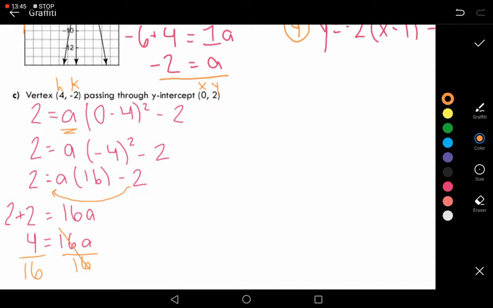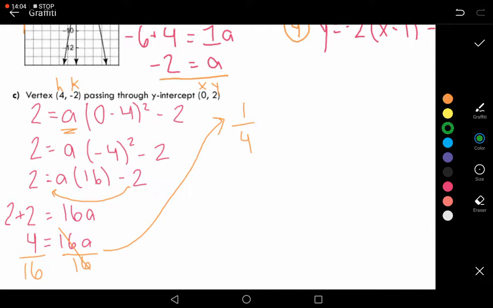Specifically, what we want to do is we want to put this in lowest terms, right? So we can type that in on our calculator, and we will see that 4 divided by 16 is the same as 1/4, right?